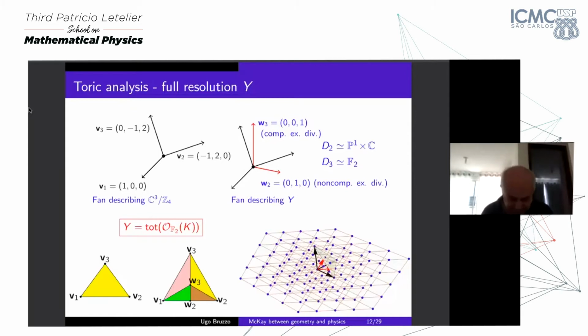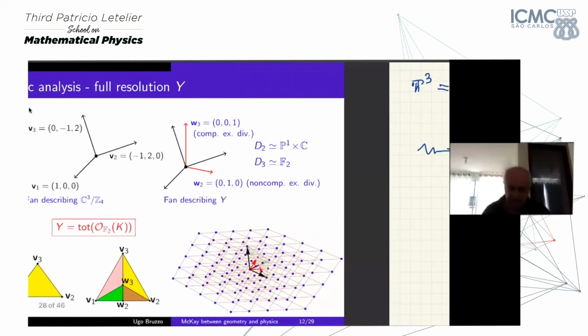This is the standard elementary thing. I cannot explain everything, unfortunately, but it's an easy procedure in toric geometry. And for instance, there is no uniqueness in this. One can take the cone which is generated by these three vectors: (0, -1, 2), (-1, 2, 0), and (1, 0, 0).